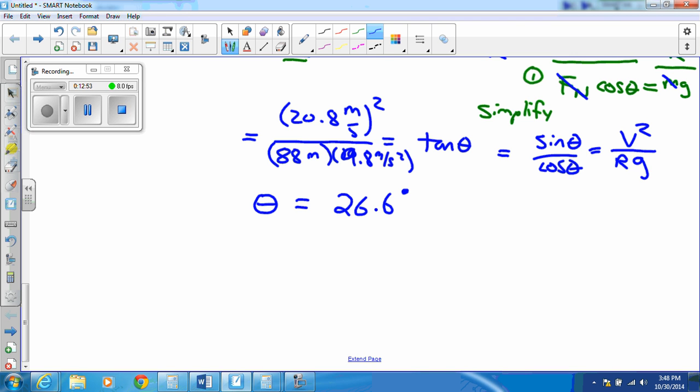Welcome back. If you did everything correctly, you should get theta is equal to 26.6 degrees. This angle right here is the banking angle.